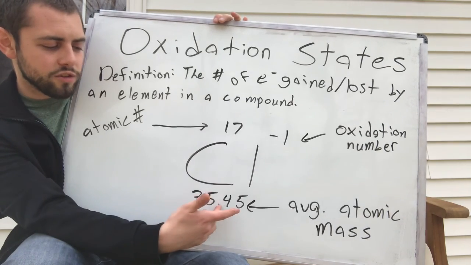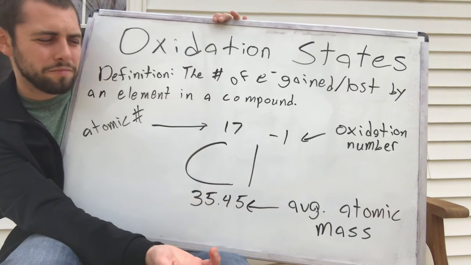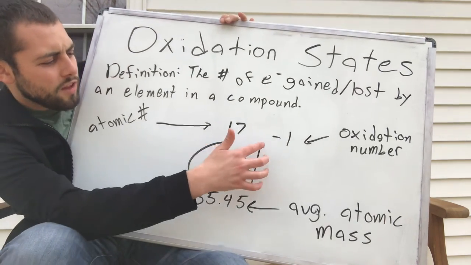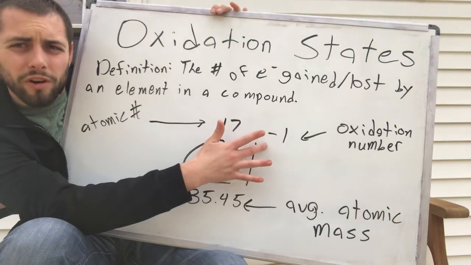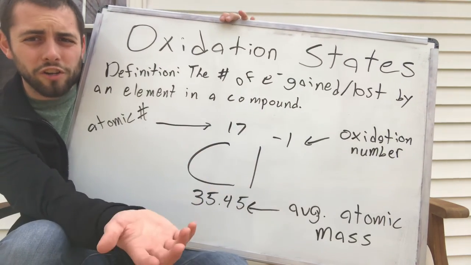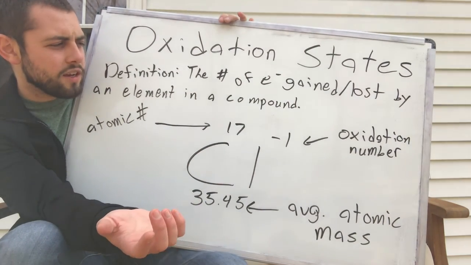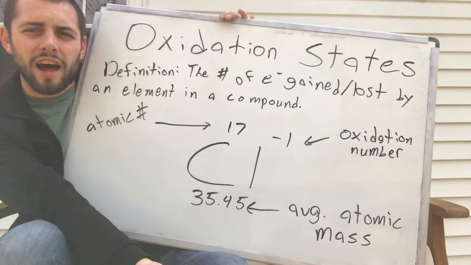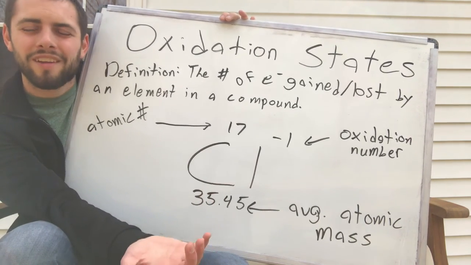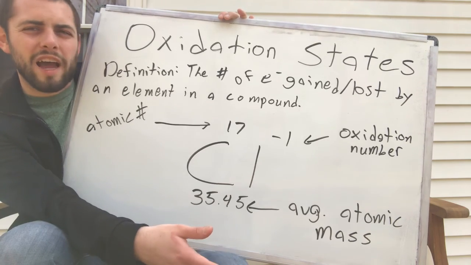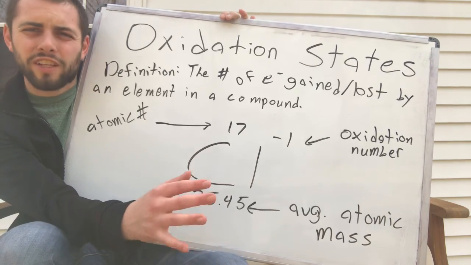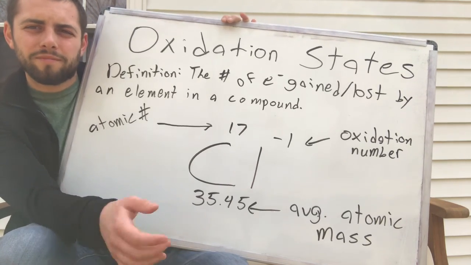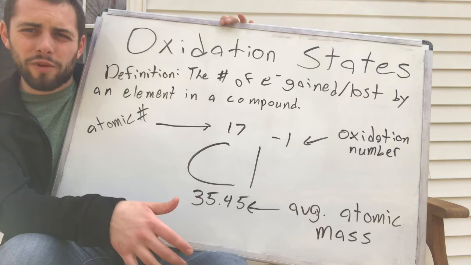It'll also usually include decimal points if it's an average. And then the oxidation number, what we're talking about today, will be in the top right corner, the same place as the charge. That's because the charge and the oxidation number are very related. A lot of the times they're even the same number. We will see a few times where we can't really call it a charge, where it's more appropriate to call it an oxidation state.